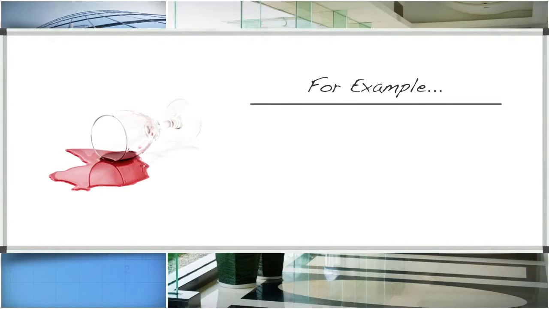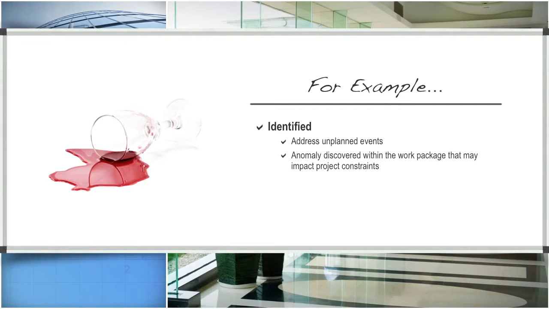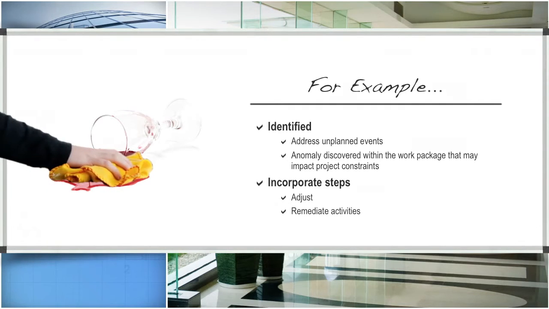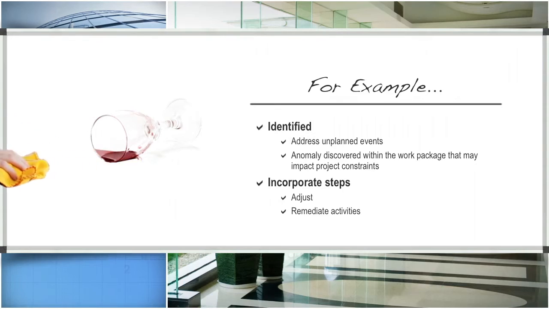One example can be corrective actions identified within the activities of the project's work package. Corrective action can be taken to address unplanned events or an anomaly discovered within the work package that may impact project constraints as the work package is developed. Corrective action may incorporate steps to adjust or remediate activities to bring the work package back on track with project deliverables.